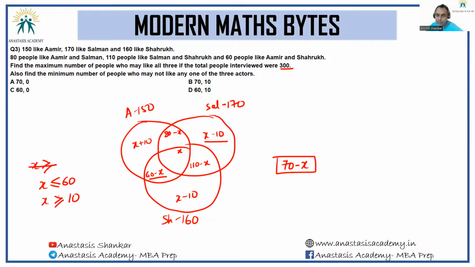The range of values that X, the intersection of all 3, can take up lies in the range 10 to 60. So the maximum number of people who may like all 3: answer is 60. Now, the minimum number of people who may not like any of the 3 actors. If I'm looking to minimize this, I'm looking to maximize X. Maximum X would be 60, so 70 minus X gives us 10 as our answer. So final option D will be the one that we mark.